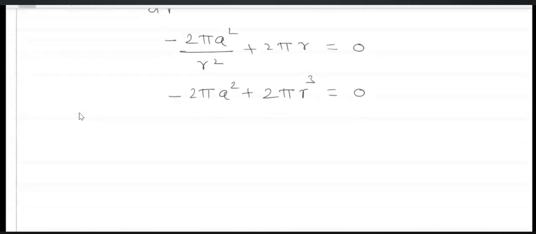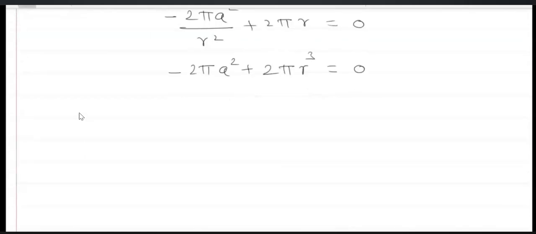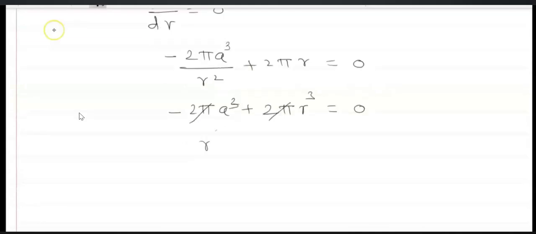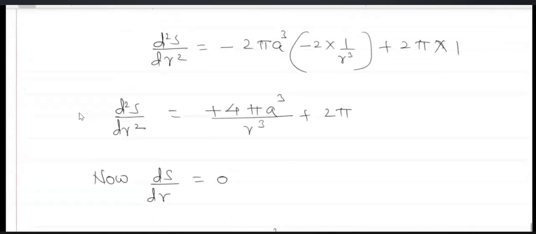That is, 2 pi r cube is equal to 2 pi a cube. R cube is equal to a cube. R is equal to a. Now again d2s by dr square.